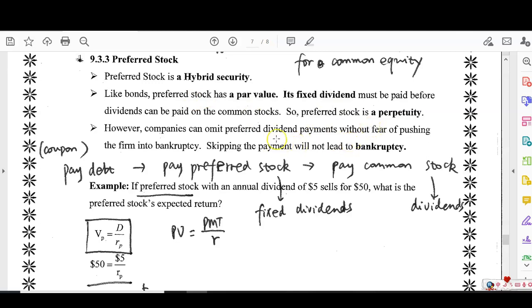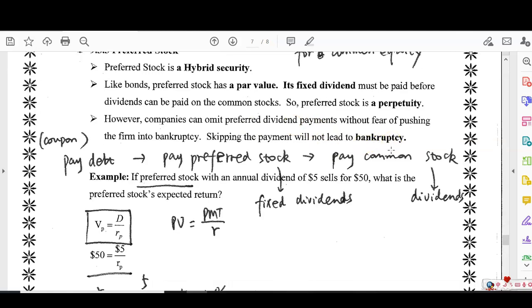But it's also like stock, so you get the dividends on and on. There's no maturity date. It could be a perpetuity. Preferred stock is also similar to common stock in the way that if the firm fails to pay the dividend, the firm does not go bankrupt.